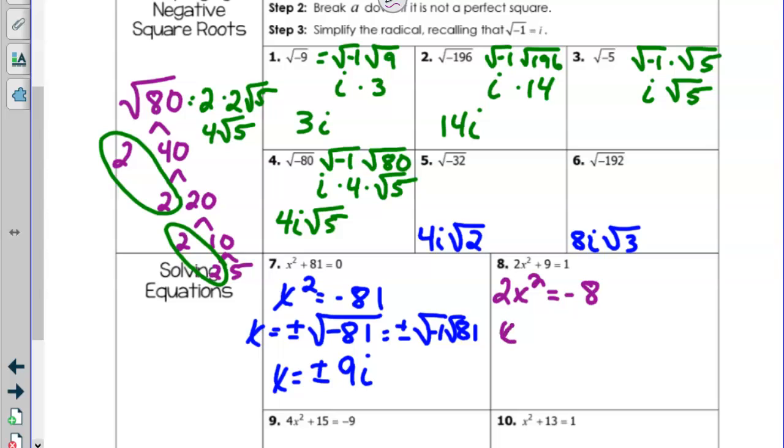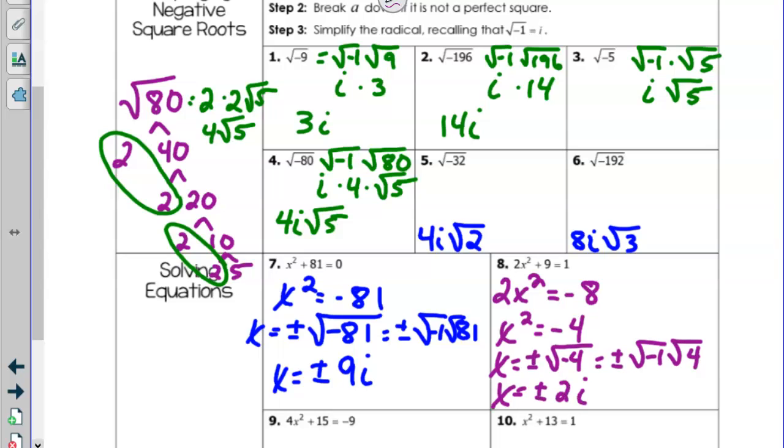So what will x squared equal? Now the next step. Square root it, right? So we have x is equal to plus or minus the square root of negative 4. Which is the same, good, as saying square root of negative 1 times square root of 4. Addie, what did you get? 2i. Plus or minus 2i.